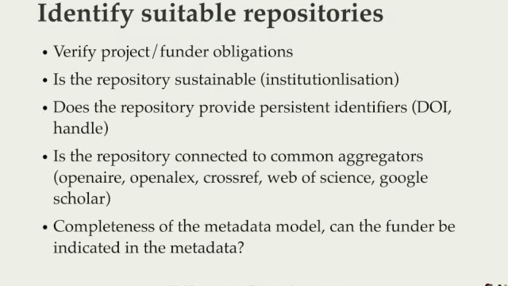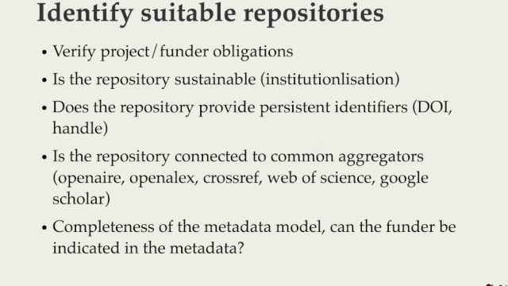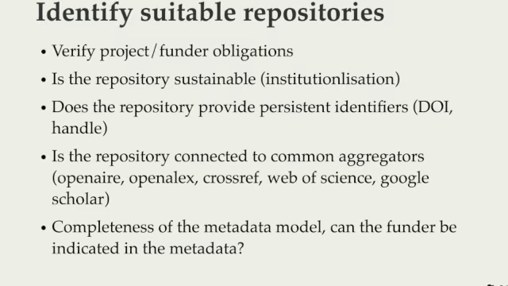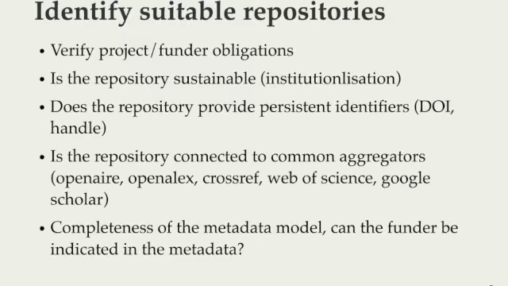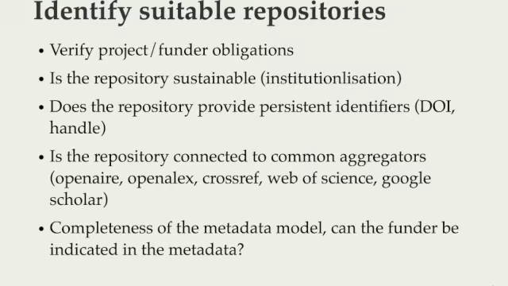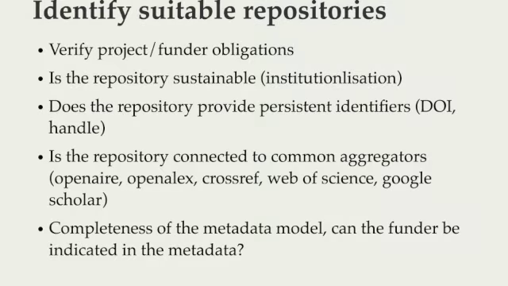Were you able to find a resource that you know exists, but it may not be available through those aggregators? If that's the case, it's important to connect to the maintainers of your repository, to ask them to connect to OpenAIRE, OpenAlex, and the likes, to say, hey guys, we're here, please harvest us.